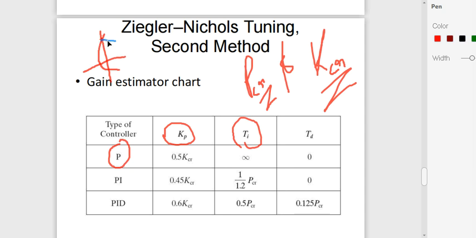First write the characteristic equation of the given system, substitute s equal to j omega, and equate the real and imaginary parts. We can find the value of K and omega.